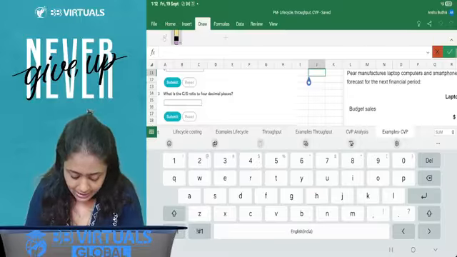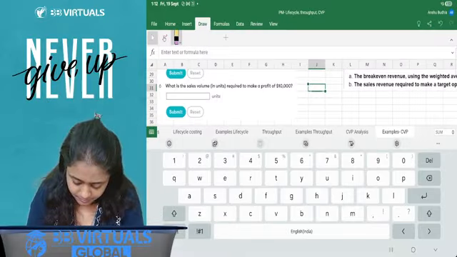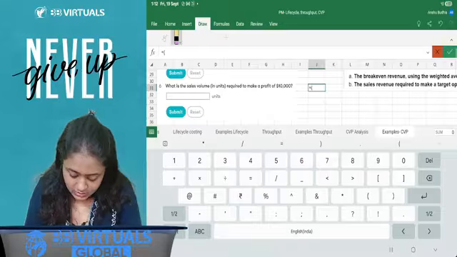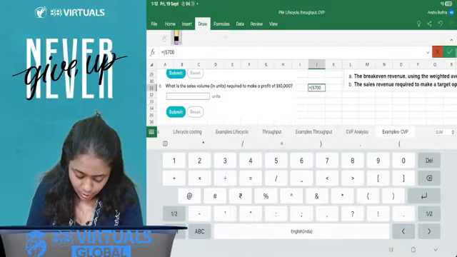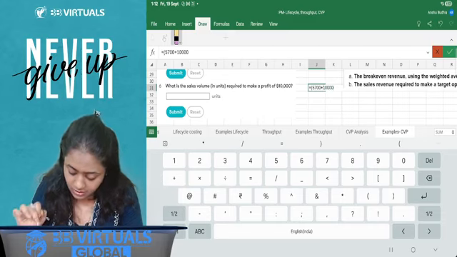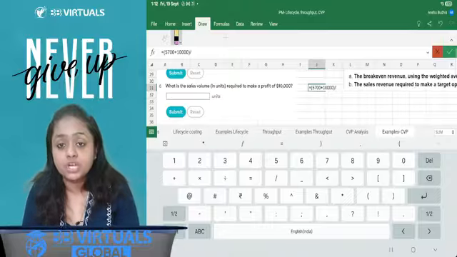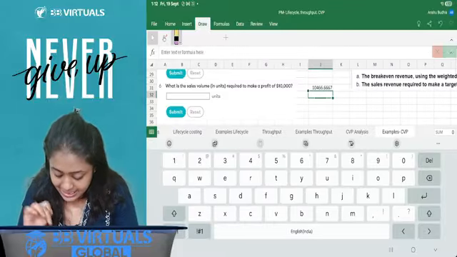So here my target profit would be equal to 10,000. Fixed cost was 5,700, plus we want to cover additionally 10,000 of target profits as well, and this divided by the contribution per unit, which was 1.5.